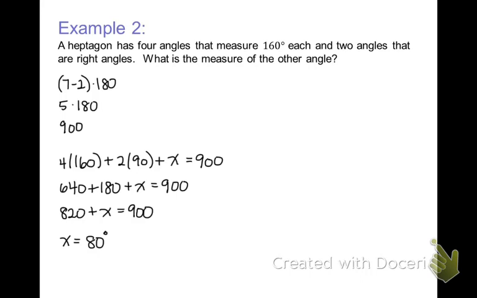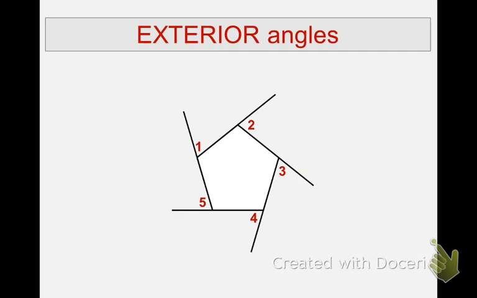Okay, let's take a look at what comes next. We've looked at what all of the interior angles add up to and how we use it, but now we need to look at the exterior angles. So let's quickly recap what makes an exterior angle.